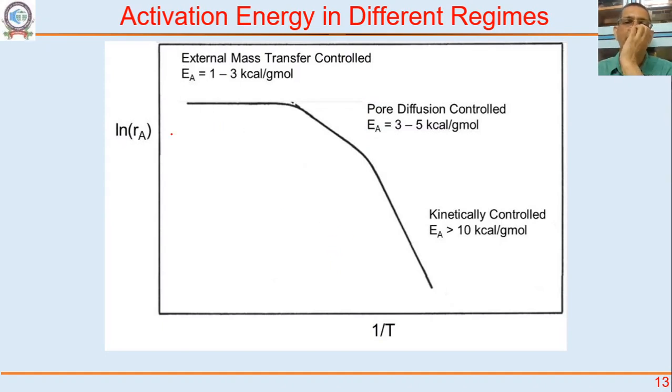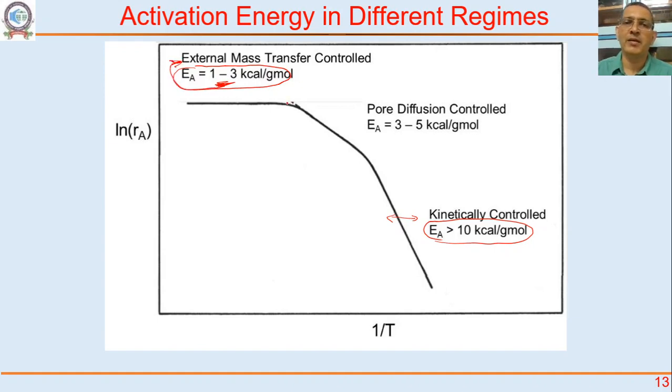So if you plot ln Ra versus 1 by T, if the reaction is kinetically controlled, then energy of activation will come out to be more than 10 kilocalories per gram mole. If we are limited by external mass transfer limitation, apparent activation energy would be 1 to 3 kilocalories per gram mole. So if I measure energy of activation and it happens to be in this range, we know that it will be external mass transfer control.